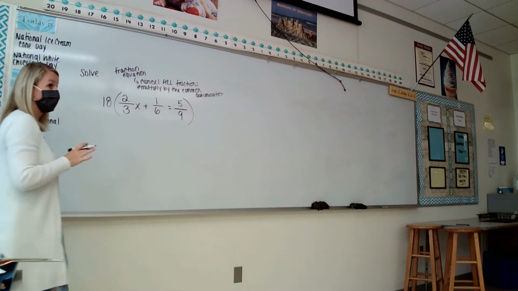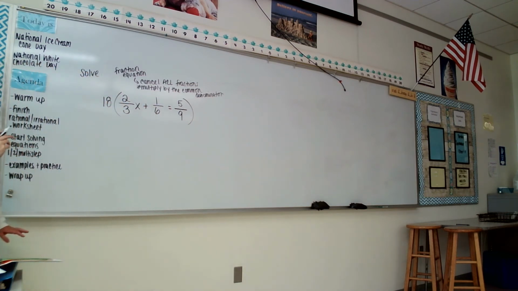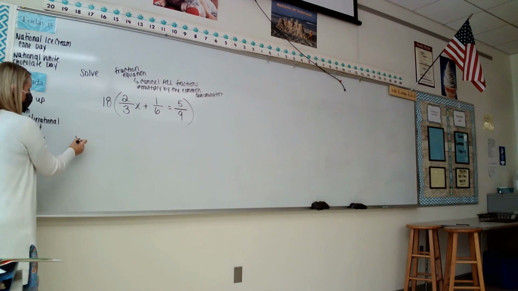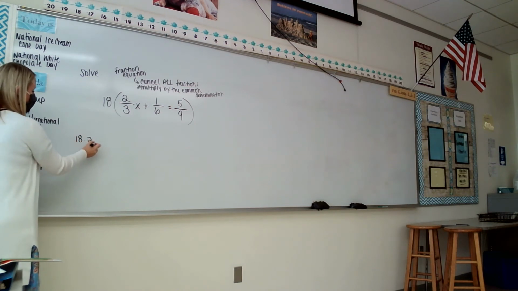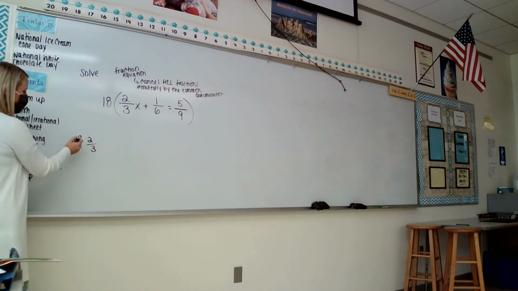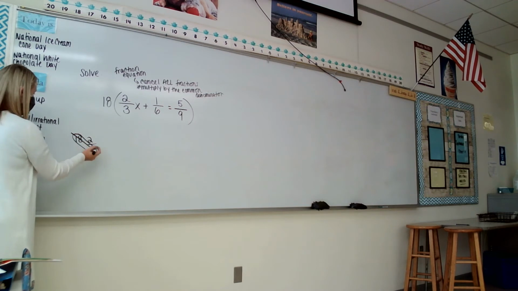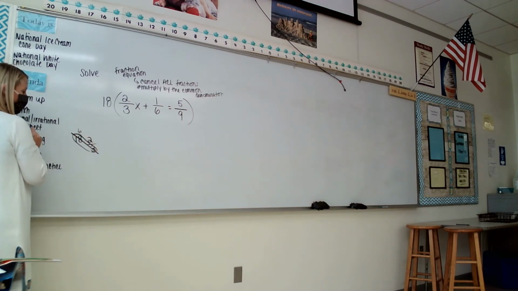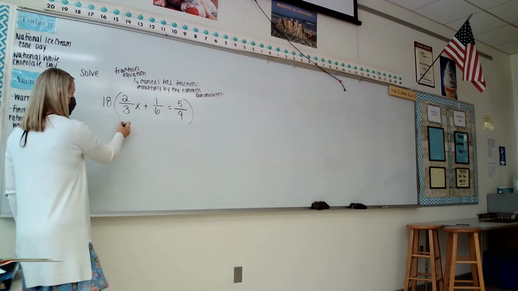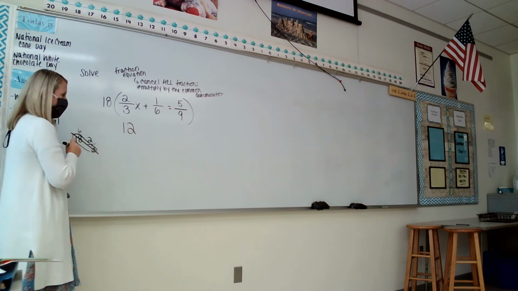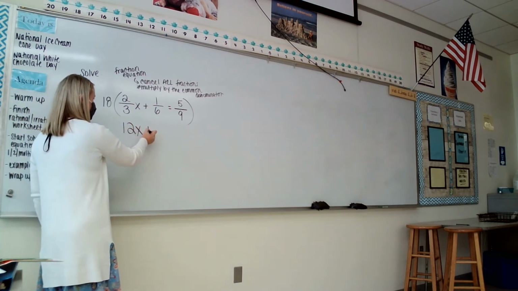Now here's how I do it, because I'm not using a calculator. So I'm doing this in my head, but I'm going to show you my steps off to the side. In my head, I'm saying 18 times 2/3. What I do is I reduce this fraction. 18 over 3 is just 6. 6 times 2 is 12. So I do that every time. This is how I've done it and how I still do it.